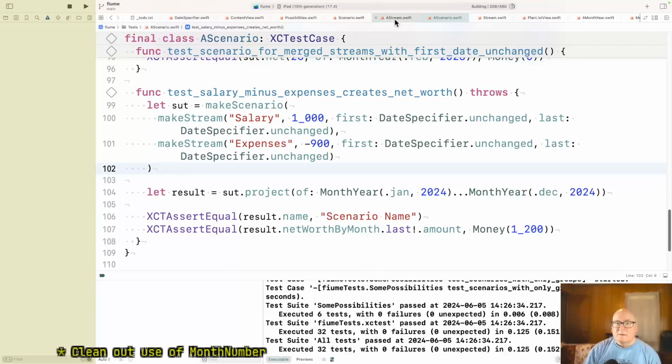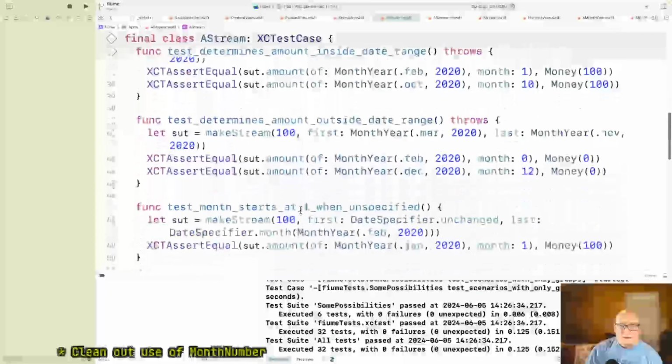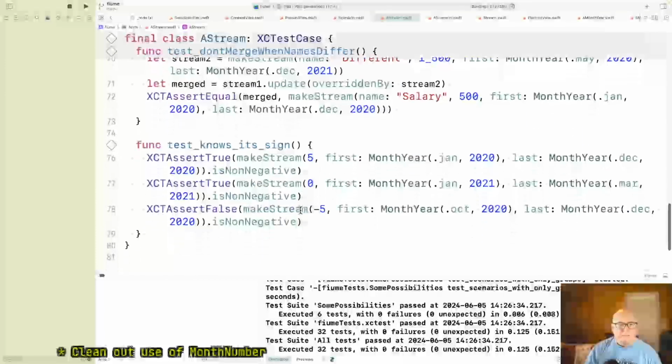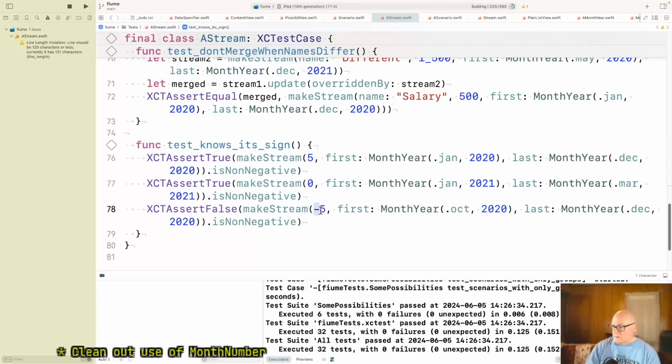Or was that an A stream? Five is not the distance; it's the amount. Is this the one?